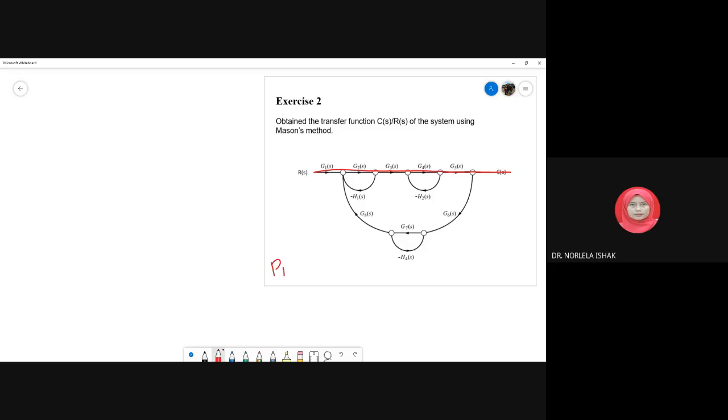Okay, meaning our P1 equal to G1, G2, G3, G4 and G5. Okay, and how about the next one? This is step number 1. Step number 2, you have to define your loop gain. How many loop gain we have? 4. Meaning the first one?